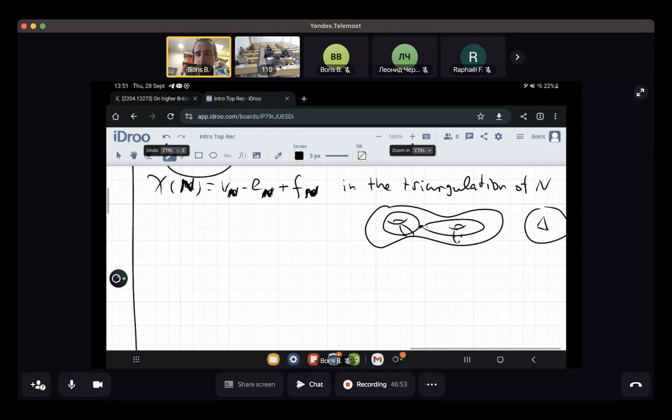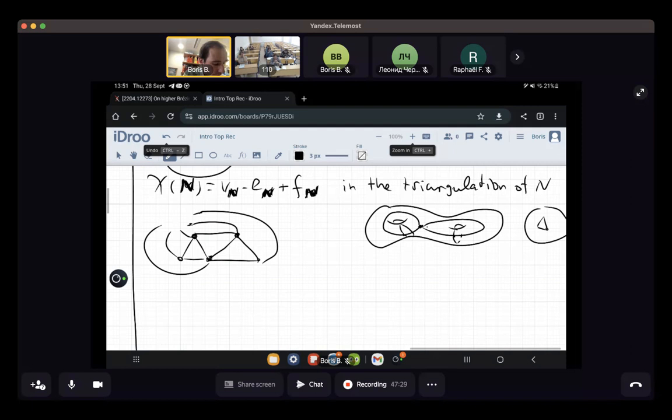Obviously all edges do not consist of critical values, and all faces do not have critical values inside them. These vertices may or may not be critical values, but other points are not critical values.